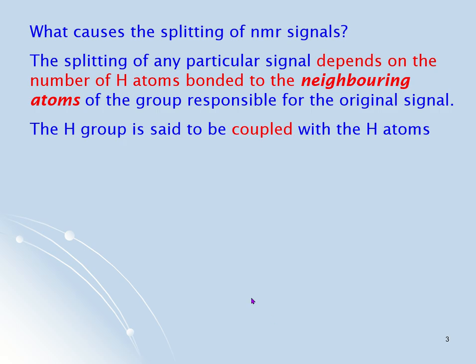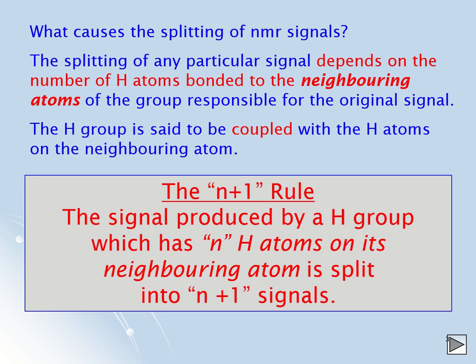So the hydrogen group is said to be coupled with hydrogen atoms on the neighbouring atom. And we follow what's called the n+1 rule. So the signal produced, in other words the triplet or the quartet or whatever I had on the previous page, by a hydrogen group which has n atoms on its neighbouring atom is split into n+1 signals.